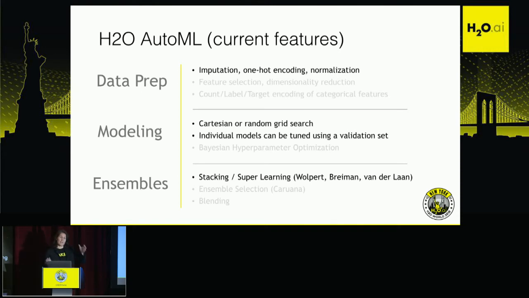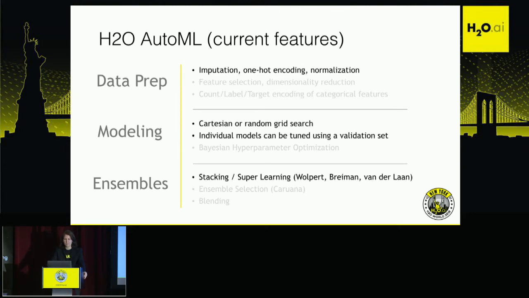So people often ask, what's the difference between AutoML and Driverless AI? This is one of the main categories in which they differ. Driverless has completely automatic feature engineering and generation, and AutoML does not. The modeling aspects of the two are actually quite similar.